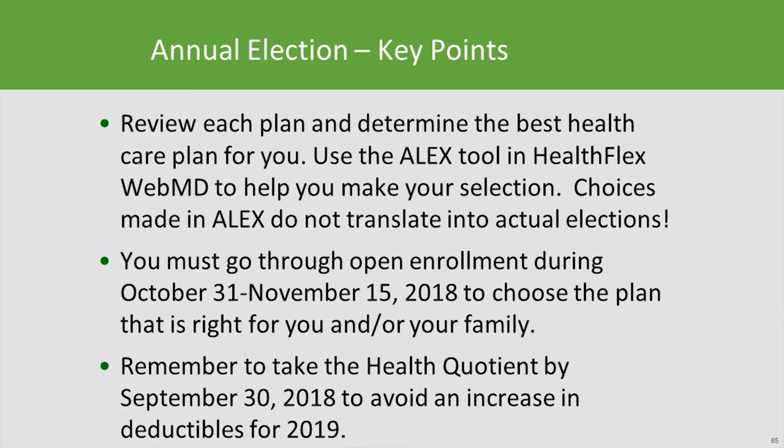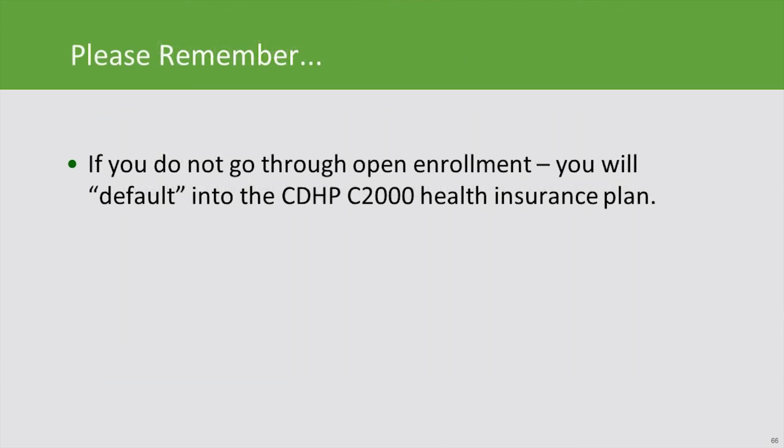Open enrollment October 31 through November 15th. And remember to take your health quotient by September the 30th so that you avoid that increase in deductible. And lastly, if you don't go through open enrollment, you'll default to the C2000 plan.